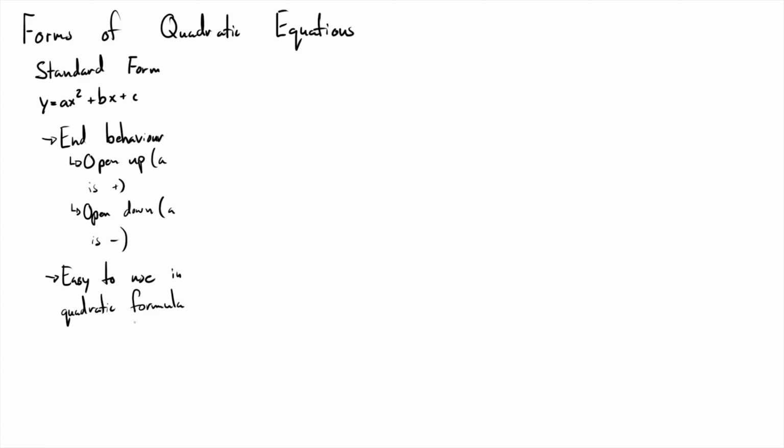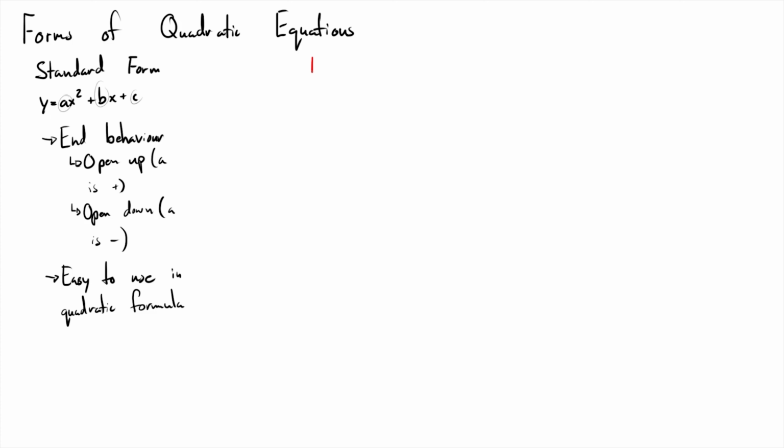It's kind of used as a last resort, but it's really useful, because in the quadratic formula, you need to know what a, b, and c actually are. You need to know the values of those numbers to put in your quadratic formula. And so it'll make it really easy to use in there. So that's kind of the advantages of the standard form.